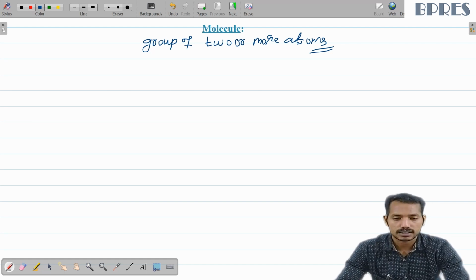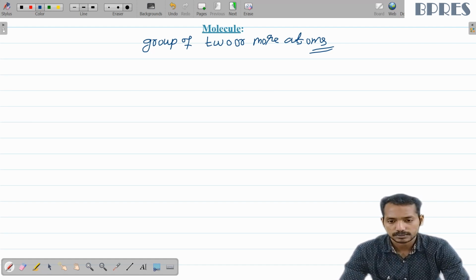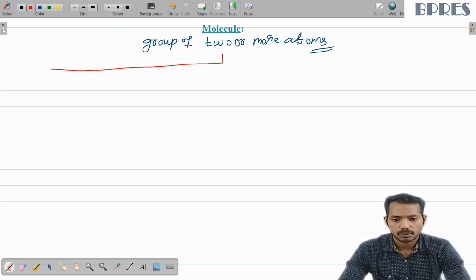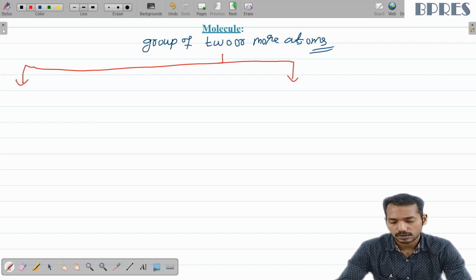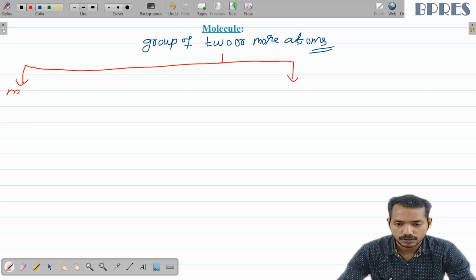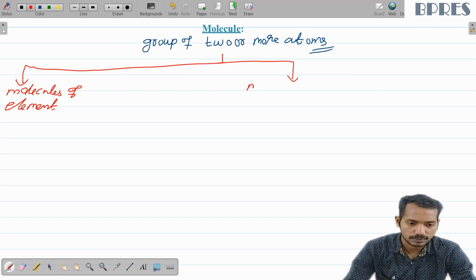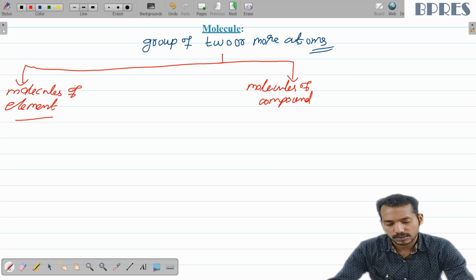Again, molecules we can classify into two: molecules of elements as well as molecules of compounds. What makes the difference?